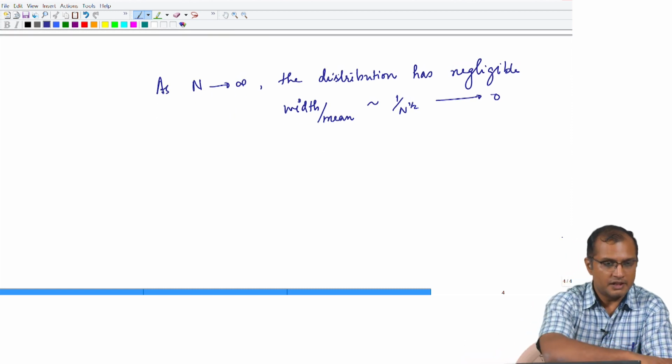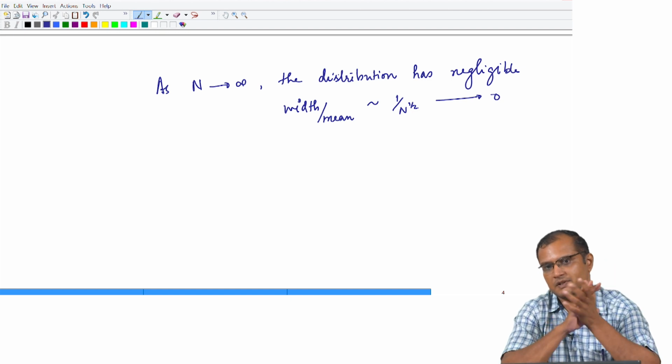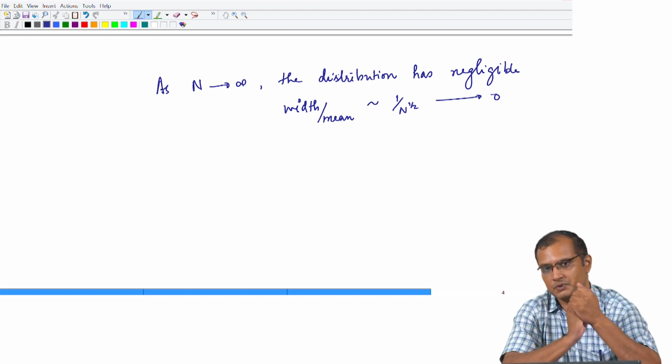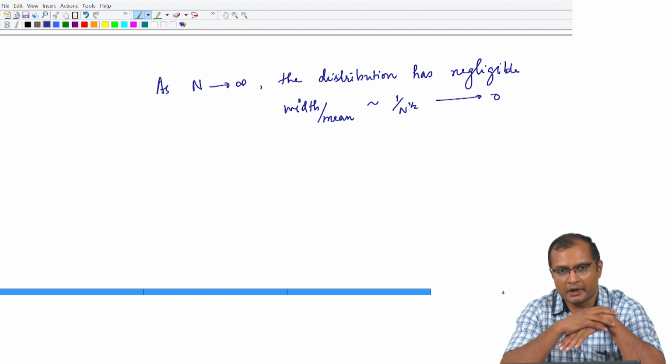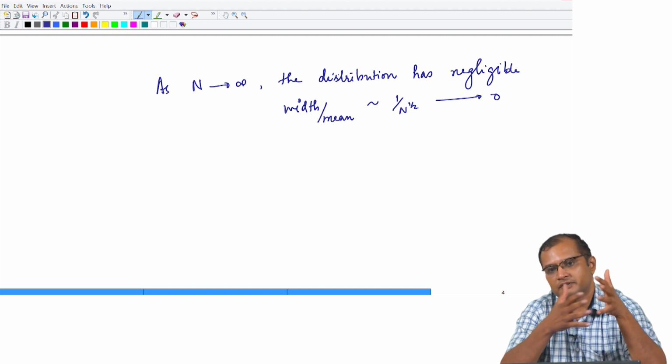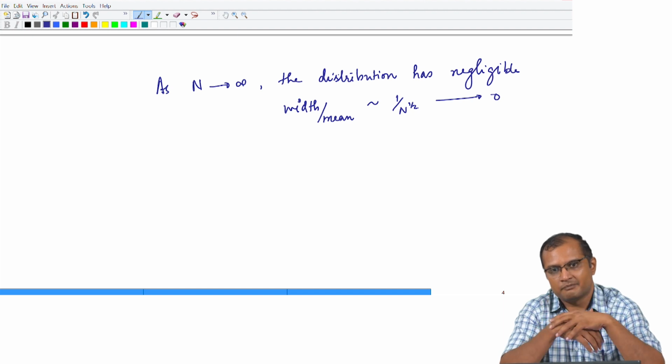It is not the width alone that decides your property of the distribution, it is also the mean of the distribution. Okay. Suppose you have 100 rupees in your pocket, and let us say your expenses are related to the uncertainty or fluctuation of money in your pocket.